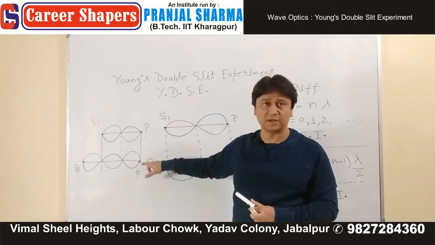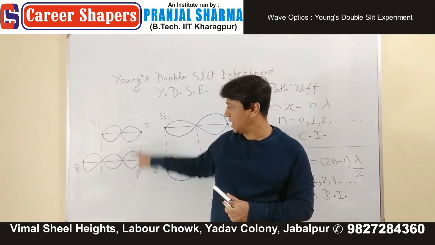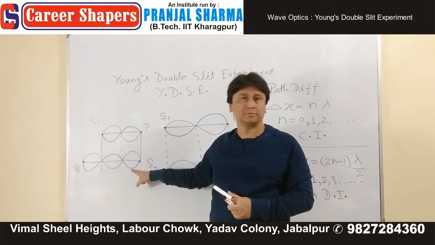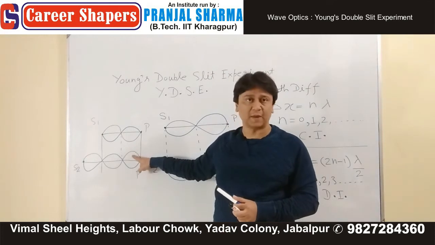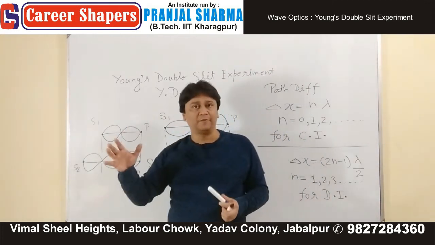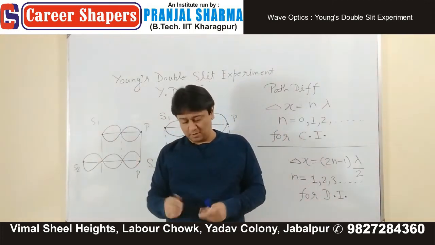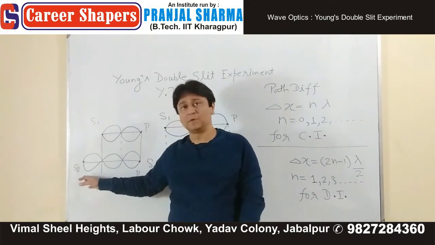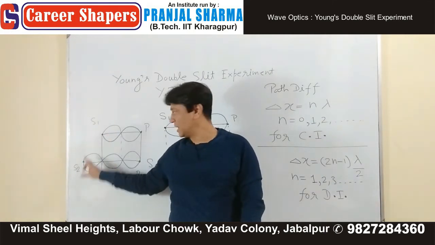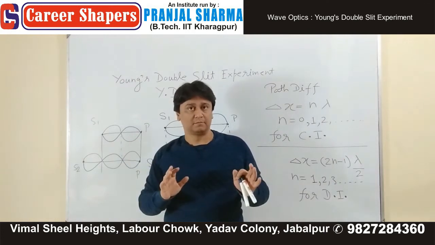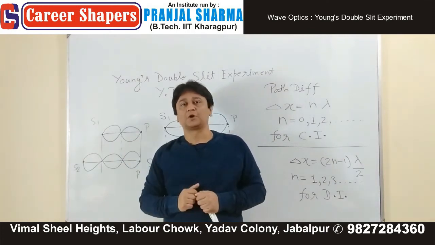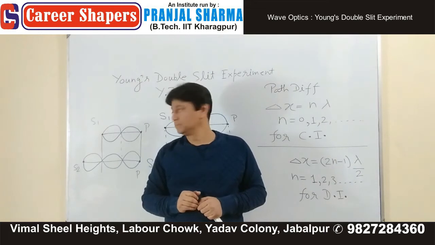Destructive interference. This blue and this blue, in this case, they will always cancel each other. Black will cancel this black. So this type of system where S1 and S2 are interrelated, it's called a coherent system.